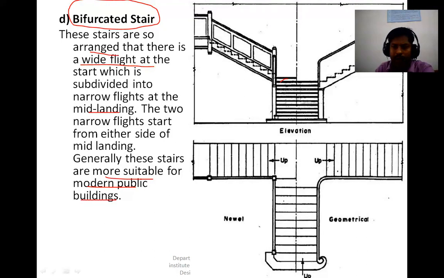One flight goes in the left direction and another flight goes in the right direction from either side of the mid landing. Generally these stairs are more suitable for modern public buildings, because of their appearance, they look gorgeous. So this type of stair is used in modern public buildings.